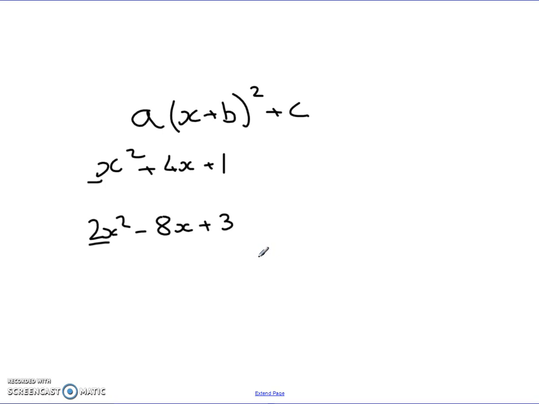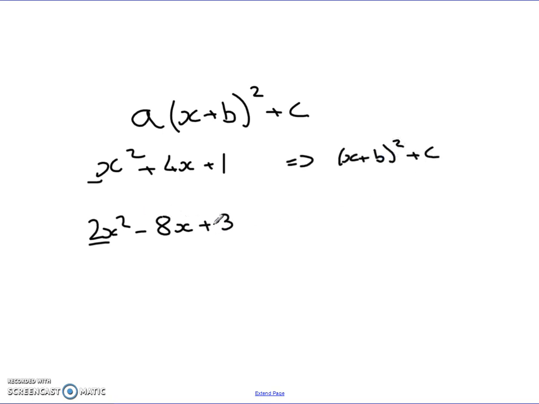It just adds an extra step or 2 into our calculation. And you can imagine one like this where the coefficient of x squared is 1, your a just becomes 1. So this one here we'd put into the format of just simply x plus b squared plus c.